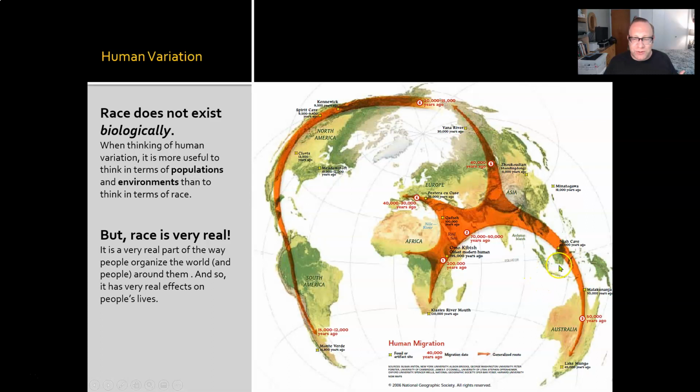And the final major migration that isn't shown on here was the peopling of the Pacific Islands, which occurred around 3,000 years ago by the Polynesian peoples. That's us. This is our human history, guys.